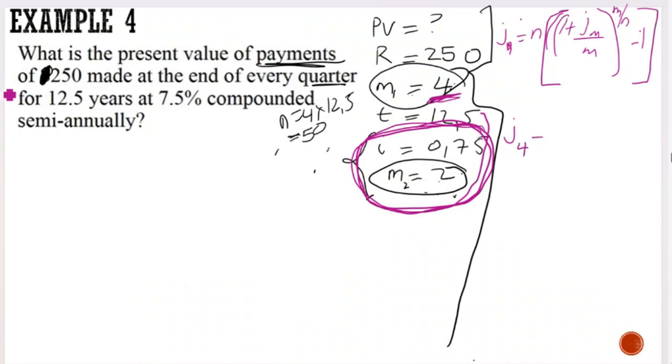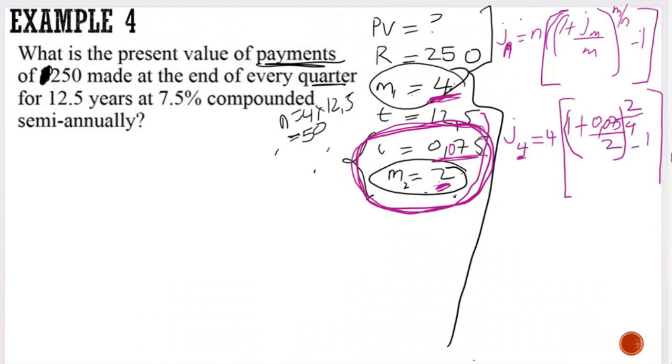in purple. So our n is equal to 4, and then this is going to be equal to 1 plus the one you want to convert, which is 0.75. This thing is compounding semi-annually, so your m is 2, divided by 2, and then to the power of m over n, which is 2 over 4, minus 1.